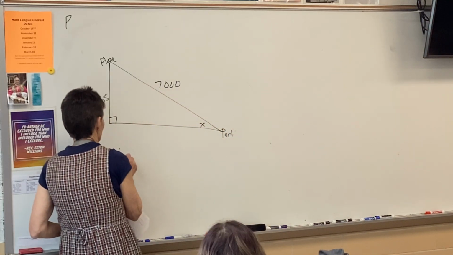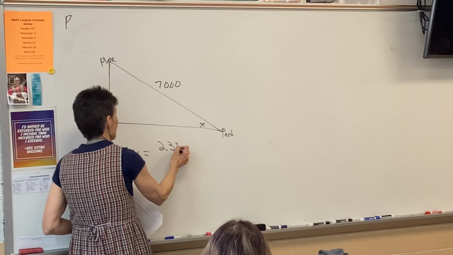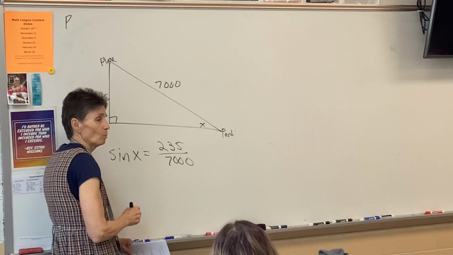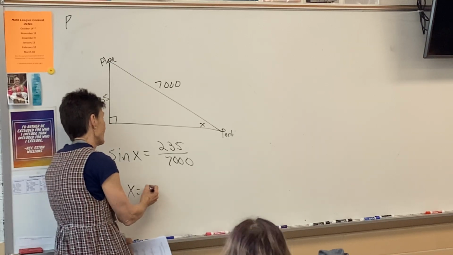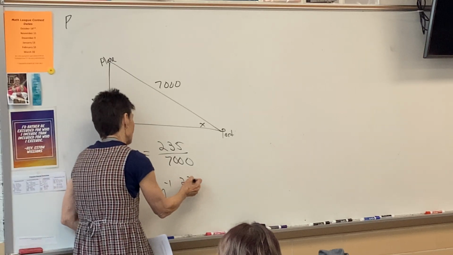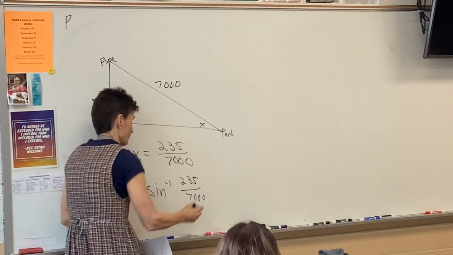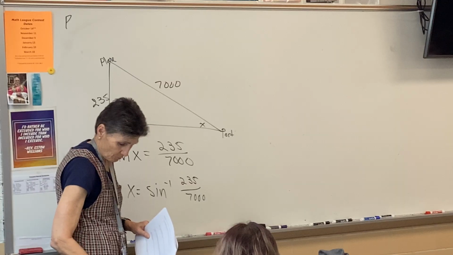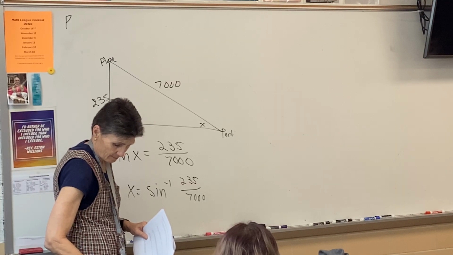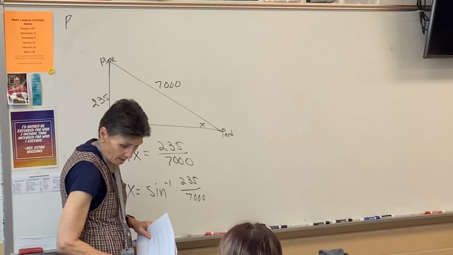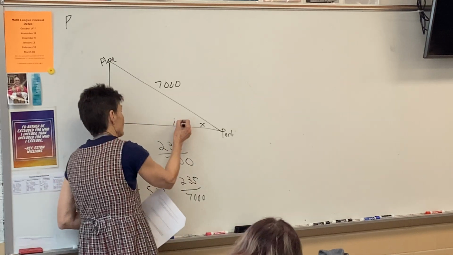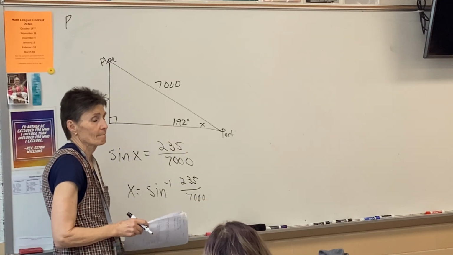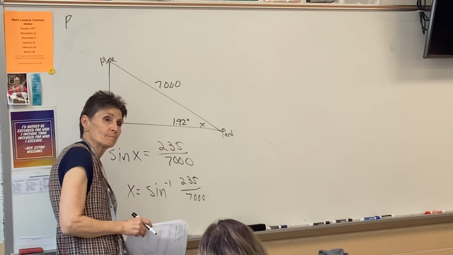Sine x equals 235 over 7,000. What do we type in? Inverse sine. Second sine, 1.92 degrees. Right?